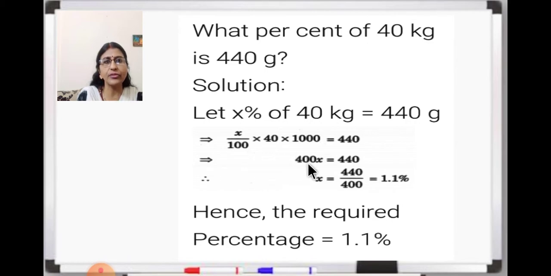And then when you will reduce, you will get 400x. This 20 will be cut. So 400x equals 440, and then you have to find out the value of x. So to find out the value of x, we'll take this down and then we'll divide it. You know how to divide, and on dividing you will get 1.1%. So the required percent is equal to 1.1.